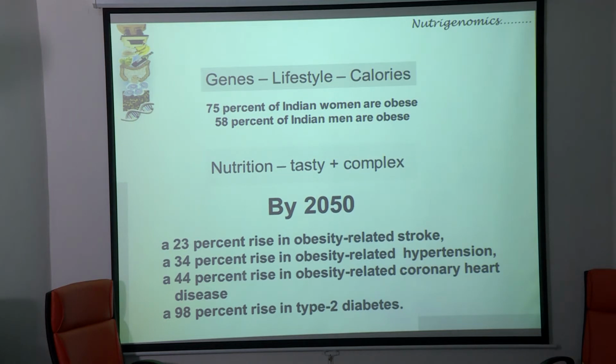And it resulted in more than 75% of the women turning out to be obese and 58% of the men very close to obesity, with a prediction for 2050 of a 23% rise in obesity-related strokes, 34% in obesity-related hypertension, 44% in obesity-related coronary heart disease, and a very alarming prediction of a 98% rise in type 2 diabetes. This is extremely alarming for all of us.